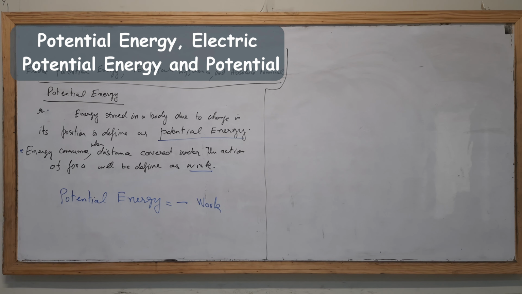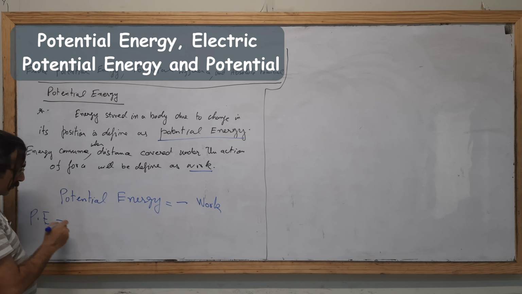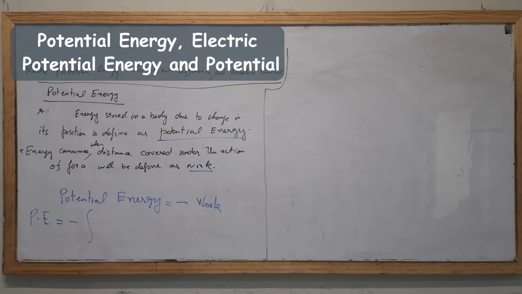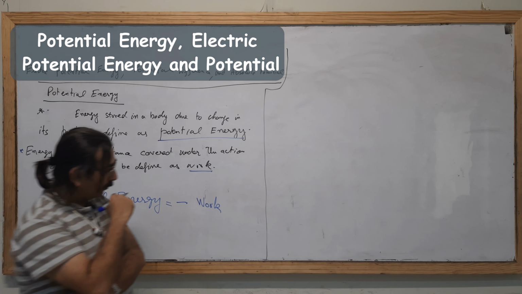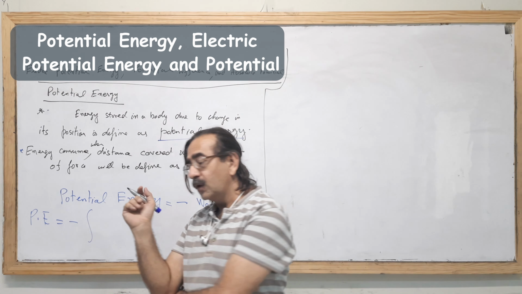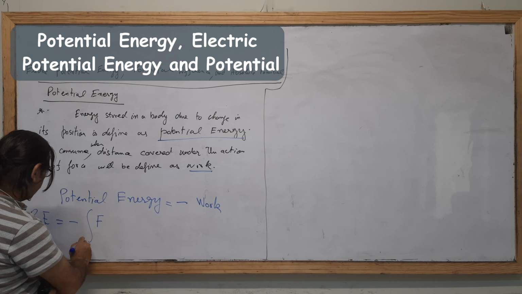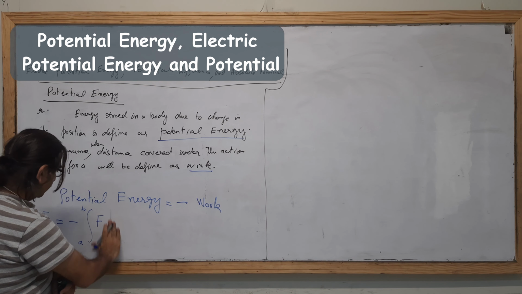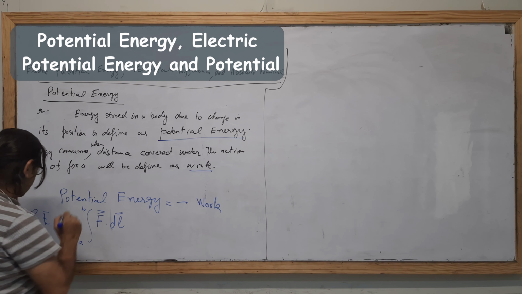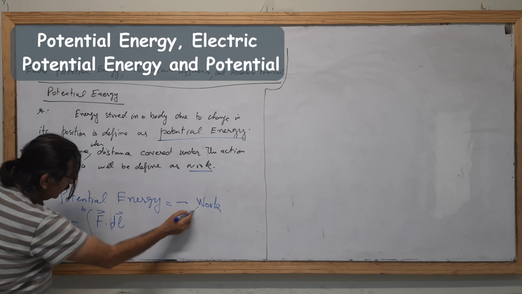Okay, the potential energy will be equal to minus the work from A to B, the integral of F dot dl. This is the definition of work.